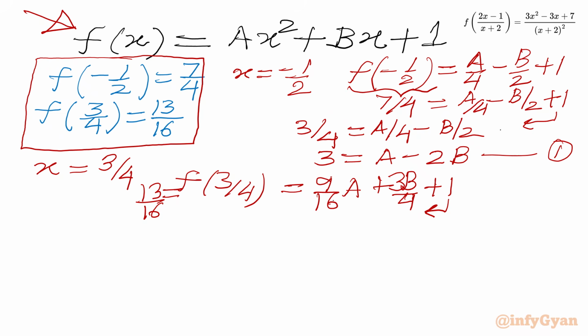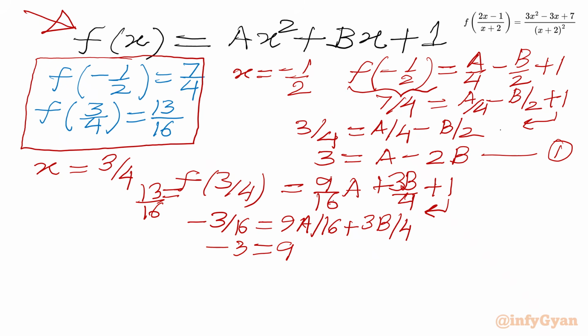We will get 13 over 16 minus 1, which is minus 3 over 16, equal to 9a over 16 plus 3b over 4. Now we will multiply both sides by 16 and we get our second equation, minus 3 equal to 9a plus 12b. Here we have unknowns a and b.